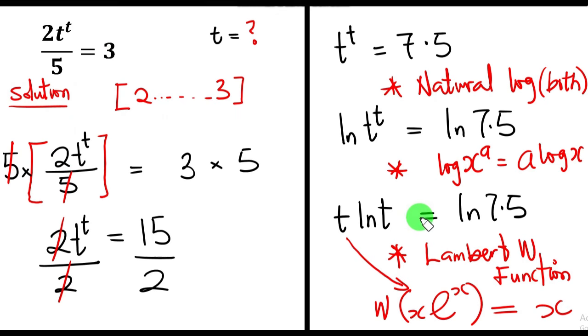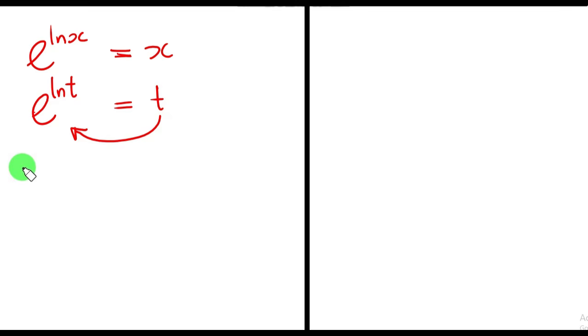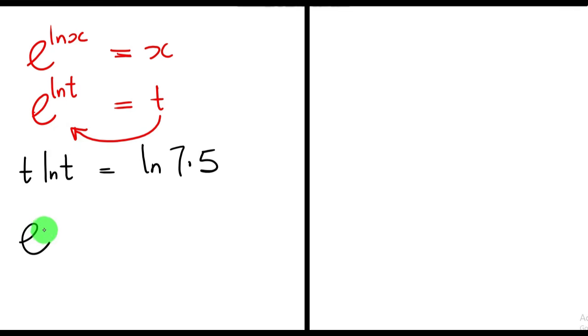This equation was t ln t equals ln 7.5. Instead of keeping my t here, I'm going to replace it with this identity. I have exponential of ln t standing for my t, then ln t is still there, equals ln 7.5.